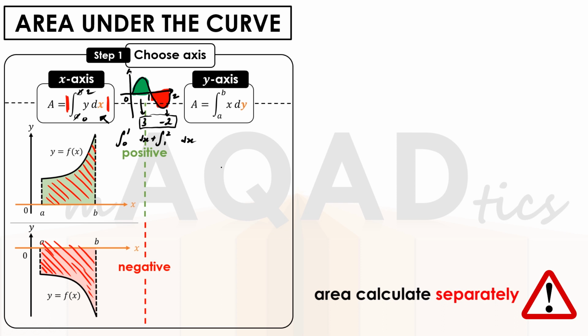And since we know this one is negative, we need to add the modulus. So instead of 3 and negative 2, now we have 3 and 2. And then because of this plus here, we are adding them together. So this is the way to find the correct area or shaded region. Split them instead of combining those areas together.